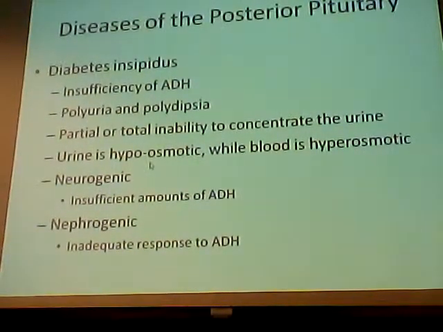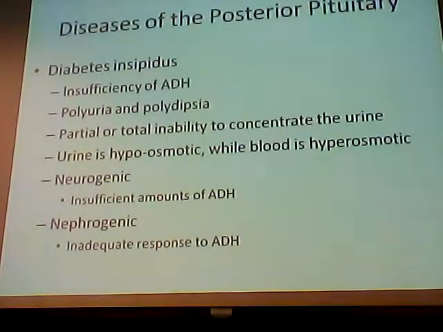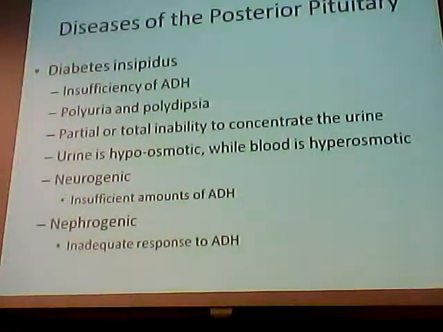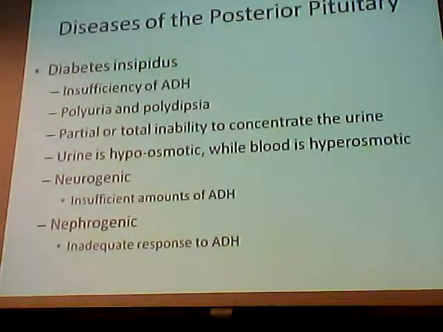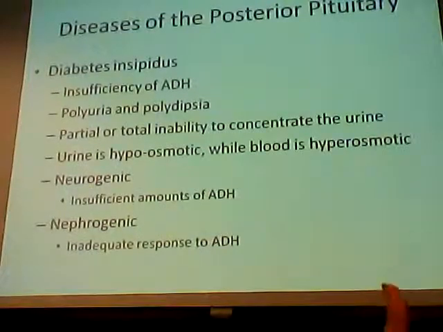Urine will be hypoosmotic because so much fluid is diluting out whatever solute there is. And then your blood becomes hyperosmotic because you don't have any fluid to dilute the concentrated part inside the system. So the urine gets diluted, hypoosmotic. The blood is hyperosmotic. It's not getting diluted.